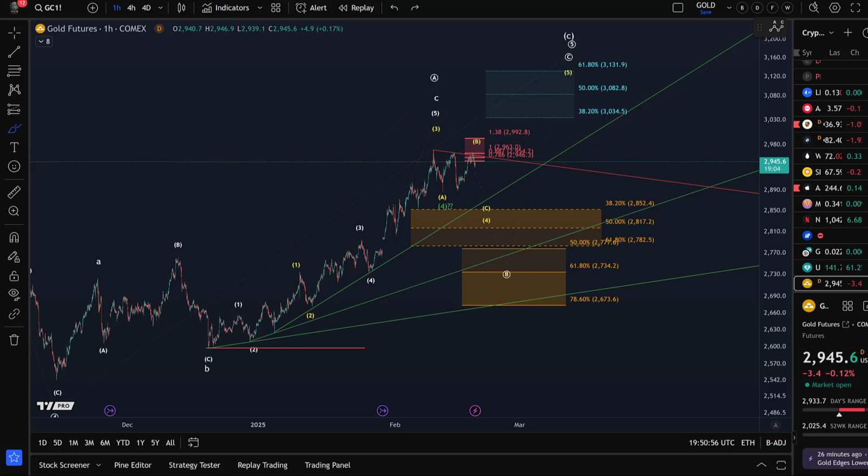So we don't want the price to drop or to break below that level. Absolutely not. If it does, well, at least then we can say it's probably the white count instead of yellow. But for now, because this upper support area would be tested first, we're still holding way above it. Yeah, the yellow count is preferred.